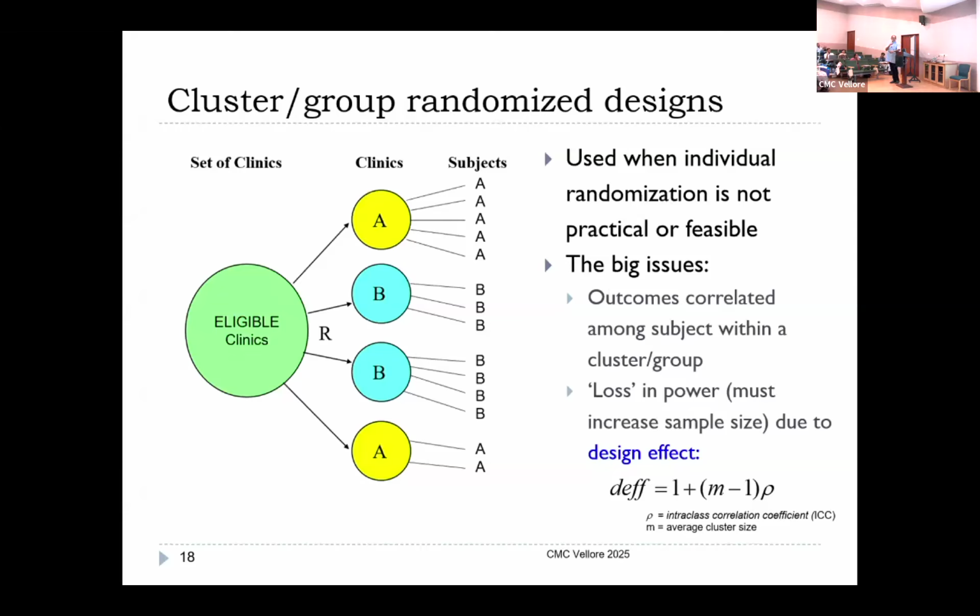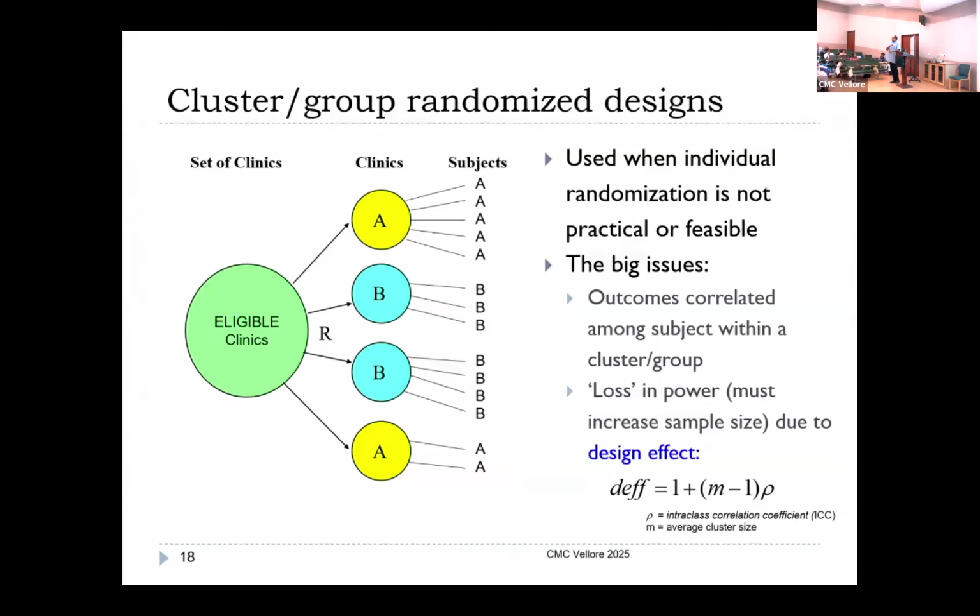The design effect is a quantity that increases the variability in the data due to that correlation. Suppose that everybody was exactly the same, then the correlation would be 1, and even if you study 20 people, you're studying basically 1. So you have to inflate the sample size and the variance.